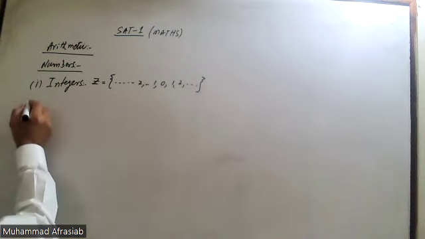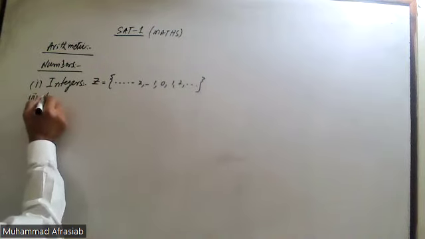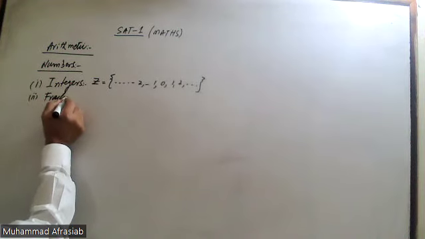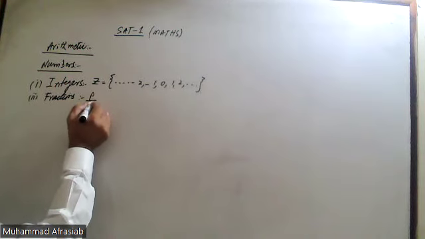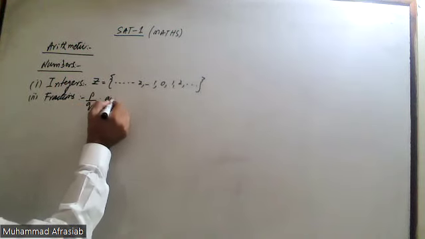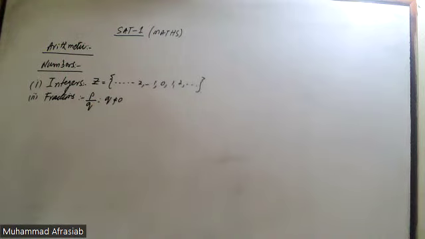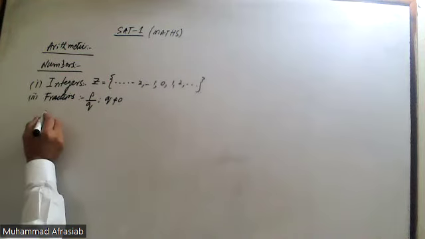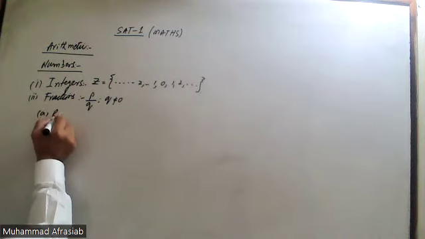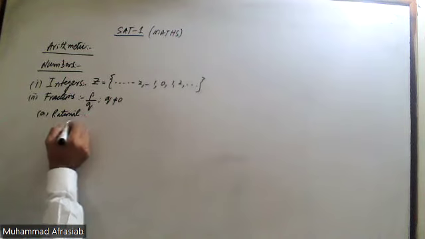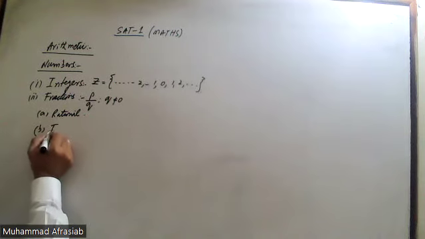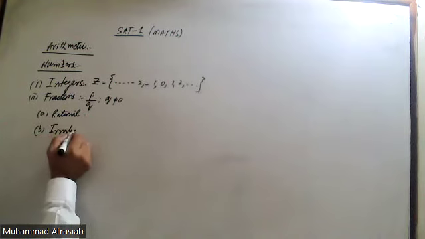The second part of this is known as to be called fractions, which are in the form of p over q, where q is not equal to 0. And these fraction numbers are going to be further categorized in the two different forms. One is known as to be called rational numbers, and one is known as to be called irrational numbers.